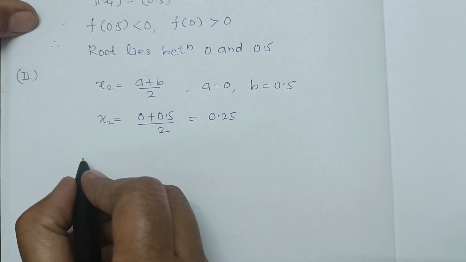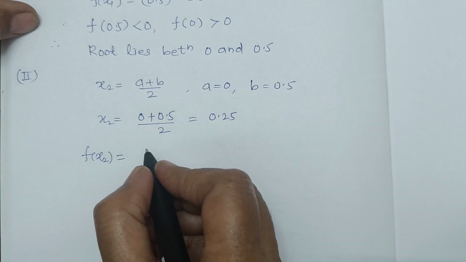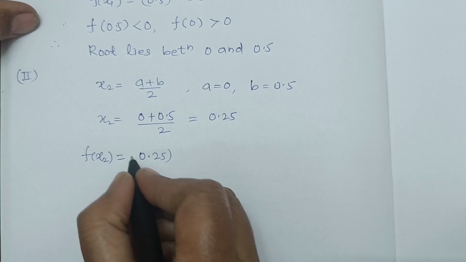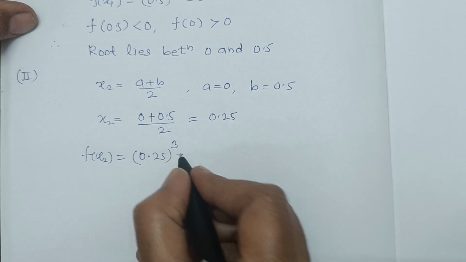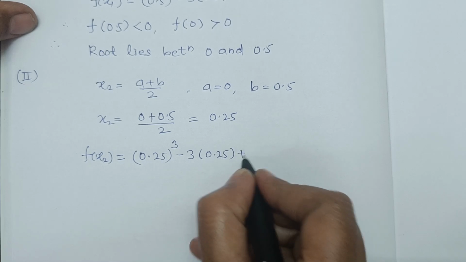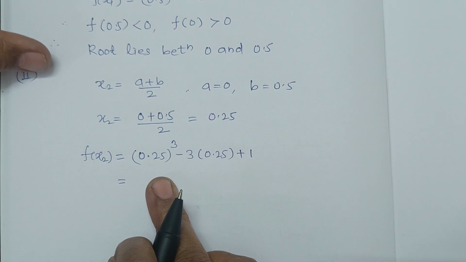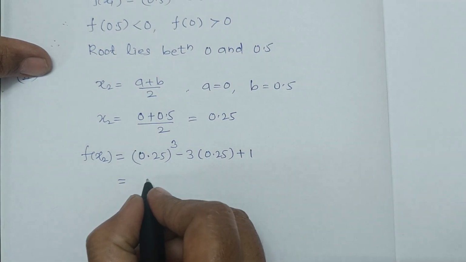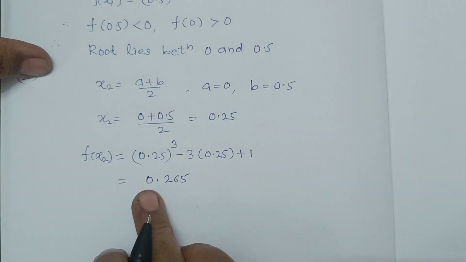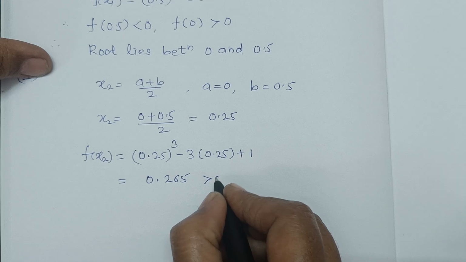Now let us find f of x2 is equal to, replacing x by 0.25 in f(x), x cube, that is 0.25 cube minus 3 into 0.25 plus 1. कैलकुलेट से अगर हम लोग ये फाइंड आउट करेंगे, देन दिस वैल्यू इज 0.265 and this value is greater than 0.